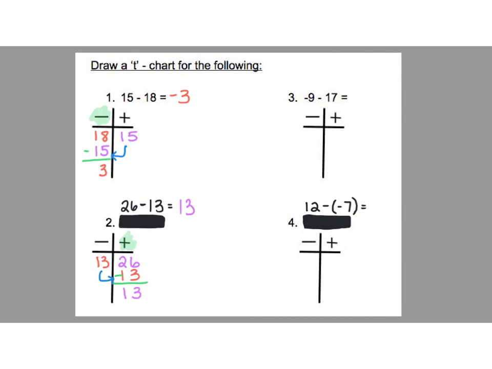In guided practice problem number 3, I see -9 minus 17. My first number, -9, is a negative number, so I'm going to place it on the left-hand side of my T-chart. My second number is 17. We're subtracting that 17, so it is also negative. So I'm going to place that also on the left-hand side of my T-chart. I'm going to go ahead and reorder these numbers so that I can have the largest number on top.